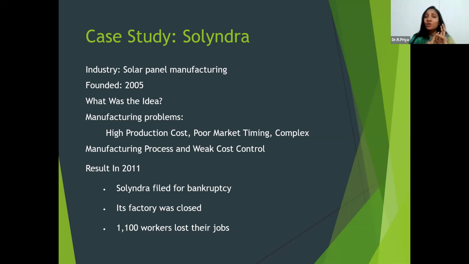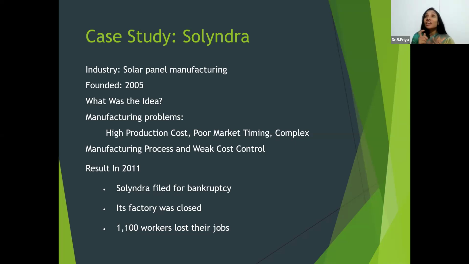That is the second wrong thing. The third one is a complex manufacturing process. The cylindrical design required complicated machinery and more energy, increasing operational cost. That is also one of the wrong things.